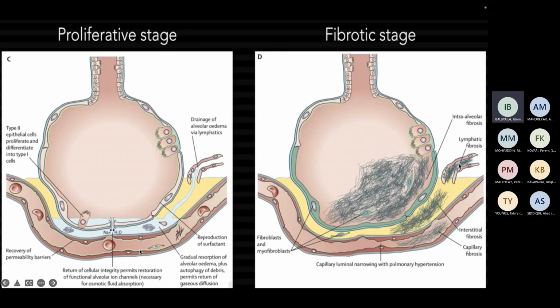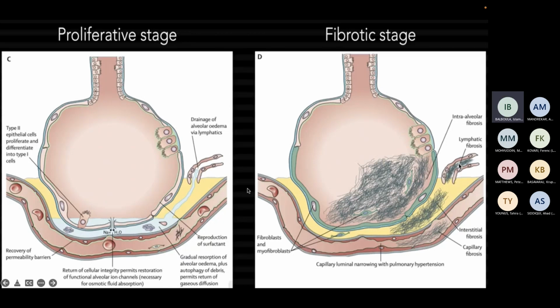As you see, the alveolar cells recovered and started to secrete surfactant, and they are trying to pump the excess fluid through the lymphatics. So there is ongoing recovery for the endothelium, for the blood vessels, for the alveolar wall, the alveoli itself.